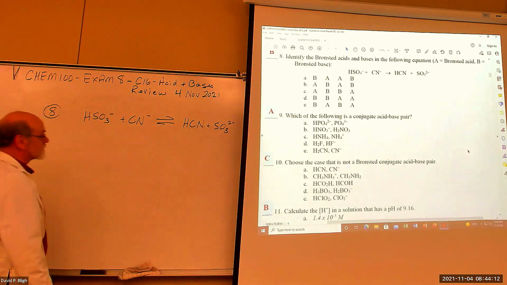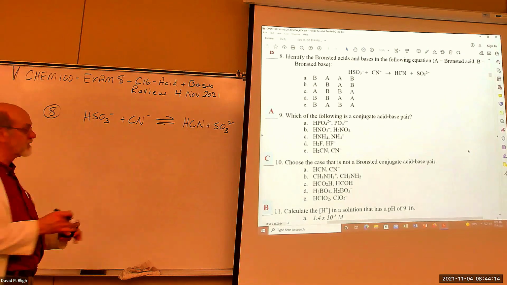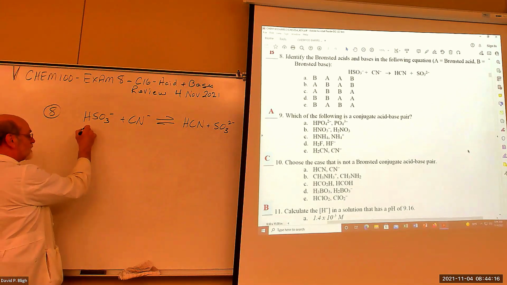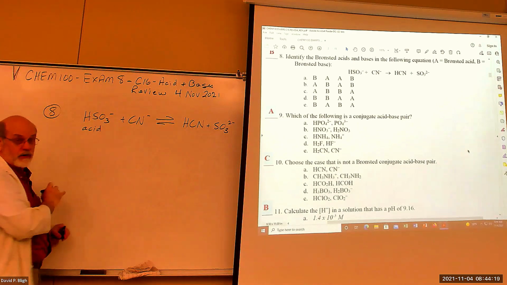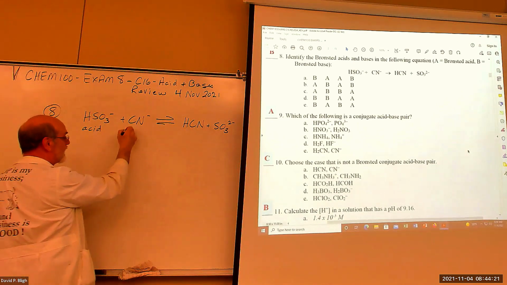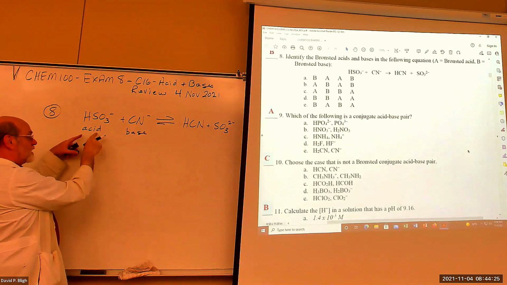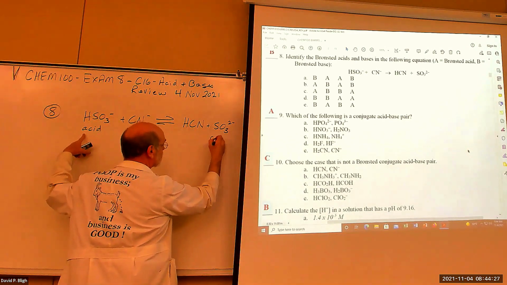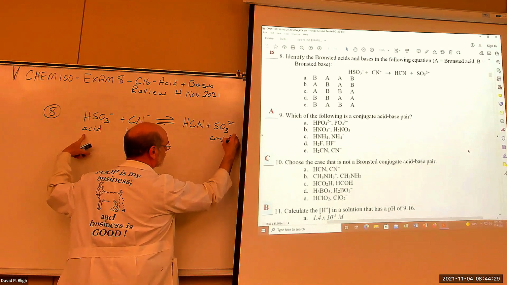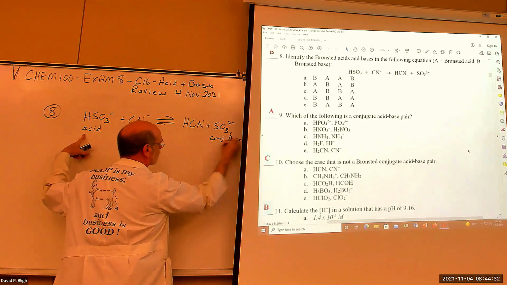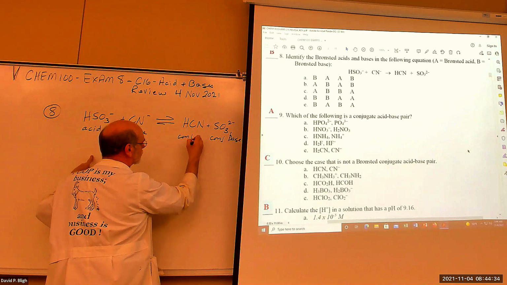Okay, so what does that mean in terms of acid-base reaction? That means this is the acid according to Bronsted and Lowry. This is the base because it accepts the proton. So that means this is the conjugate base. And this is the conjugate acid.